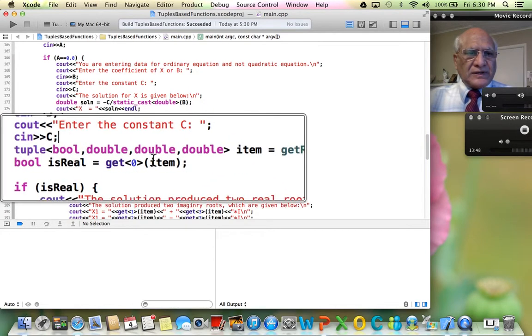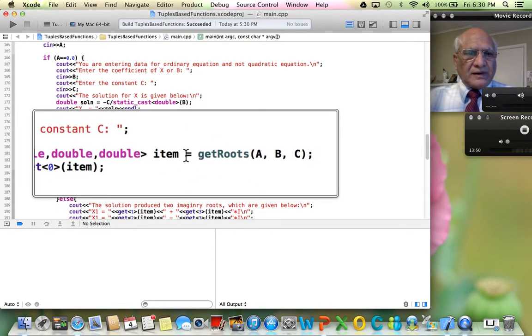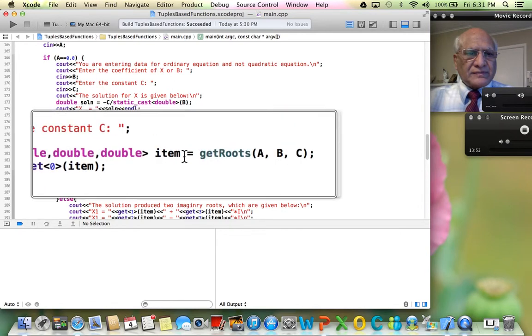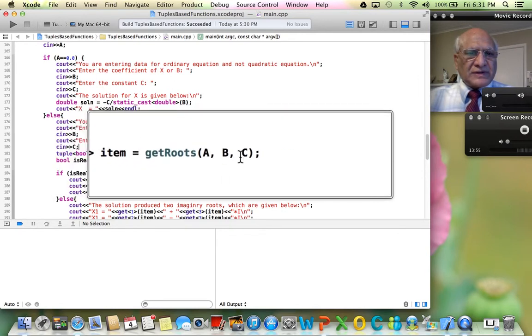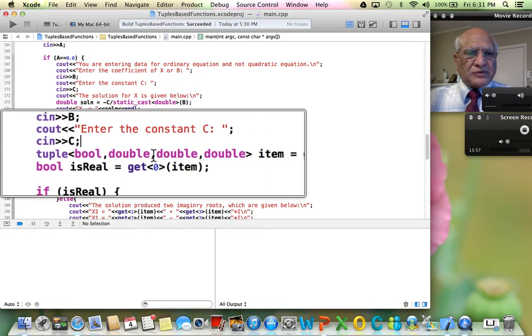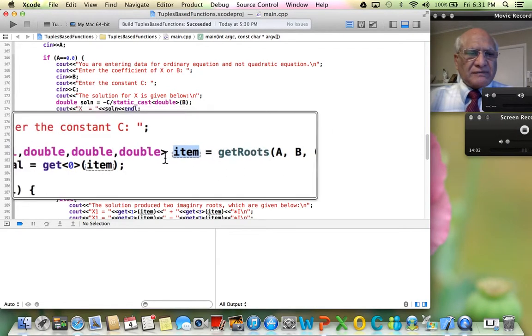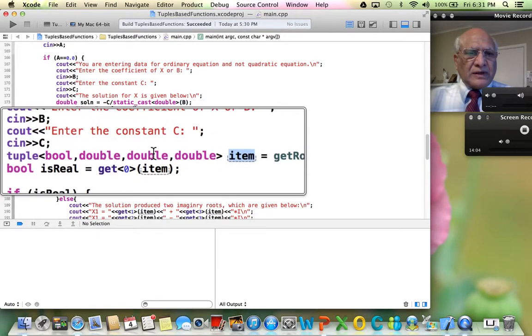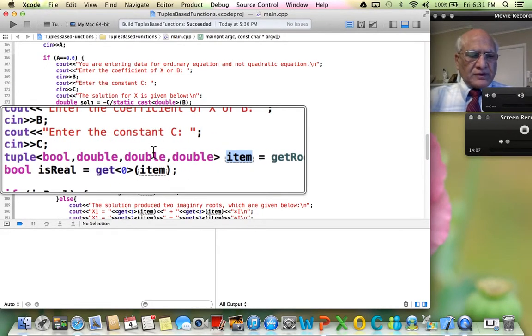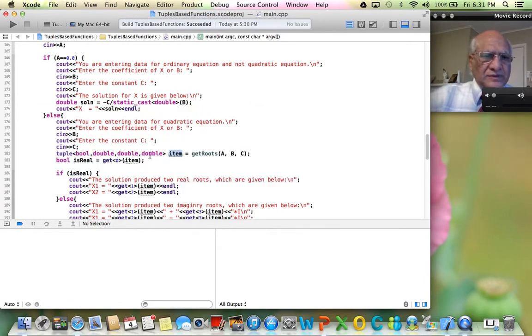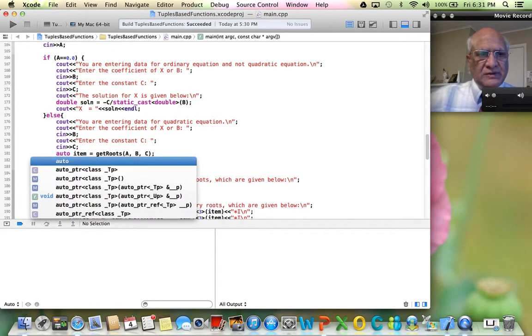So over here I just call the getRoots function, which takes A, B, and C, and I define my tuple here. I call it item. Tuple is item, has this form. And notice that you don't really have to have such a complicated system. You can just use the keyword auto here, and that will take care of it.